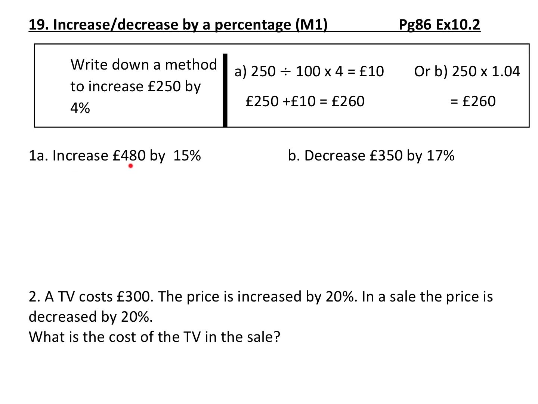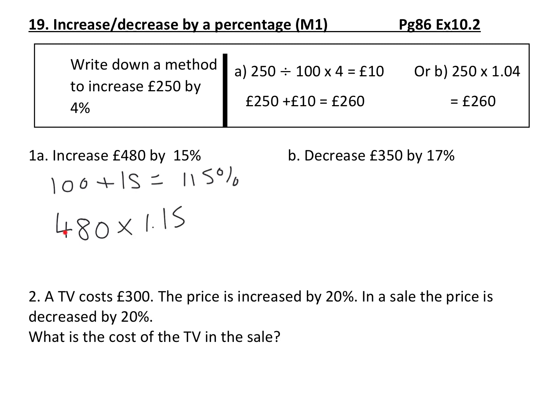Here we have to increase £480 by 15%. If you've got your original quantity, your 100%, and you increase that by 15%, the new amount is going to be 115% of the original amount. 115% as a decimal, if you divide that by 100, is 1.15.